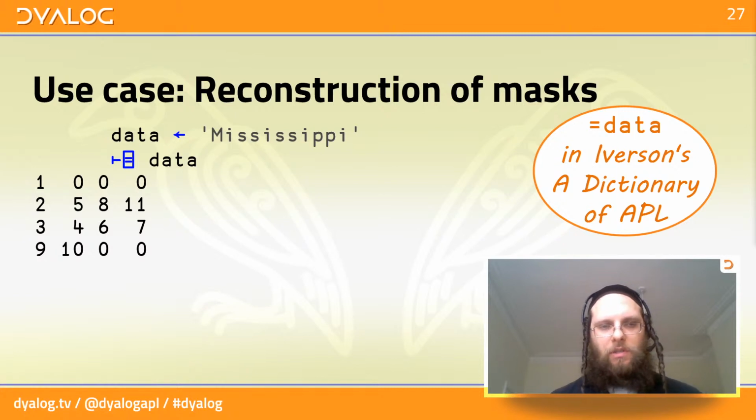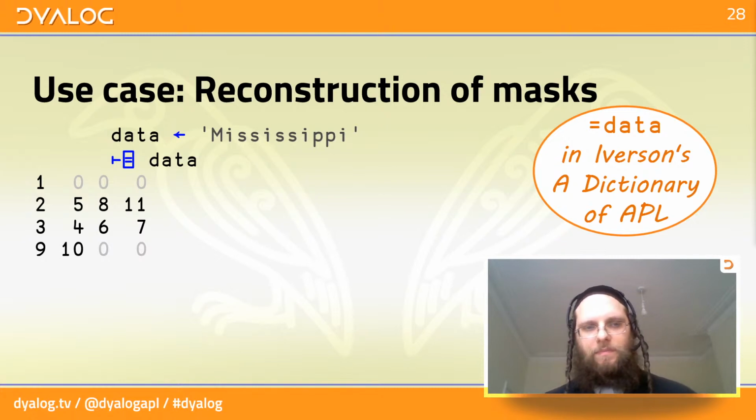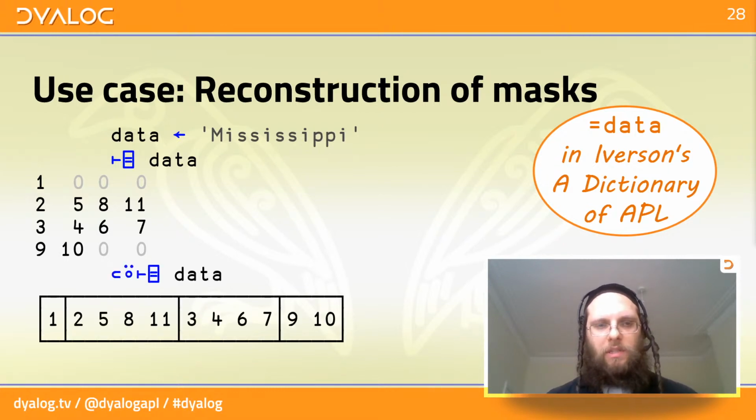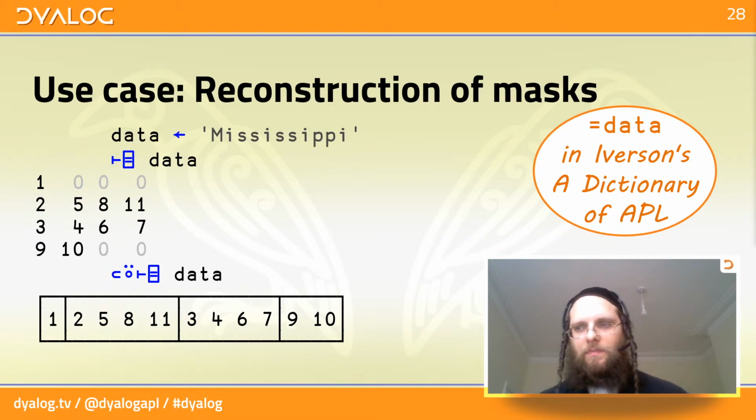And because key mixes the result, it ends up padding with zeros at the end. We can see a little clearer what's going on if we enclose the right argument. So we can see here that M has all the indices 1, and I has the indices 2, 5, 8, and 11, and so on.